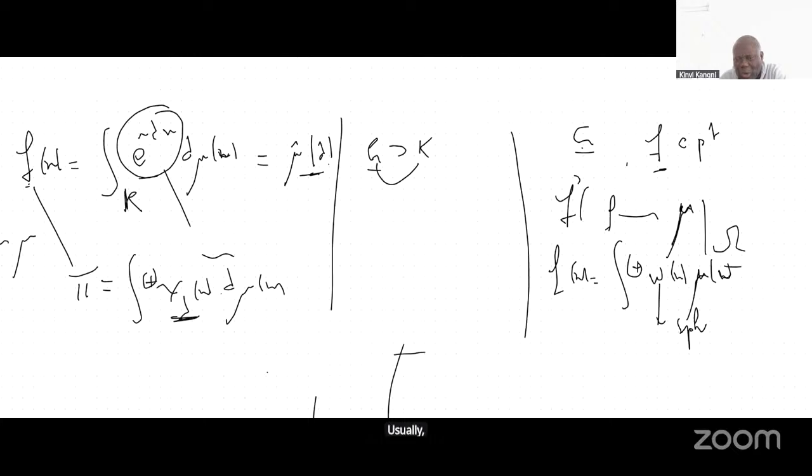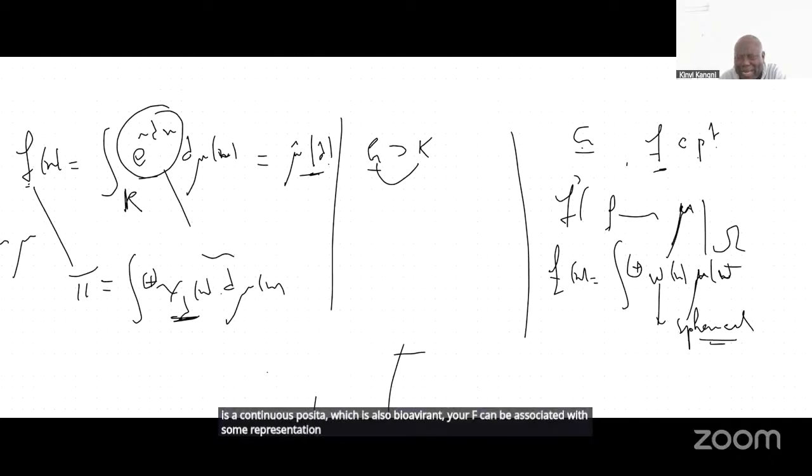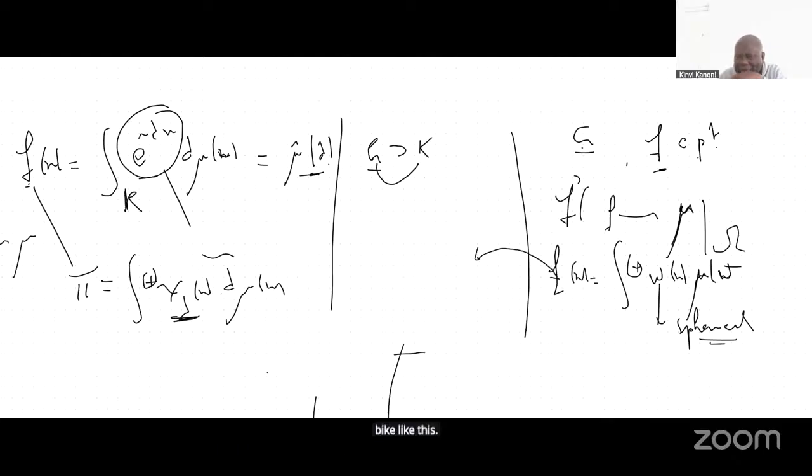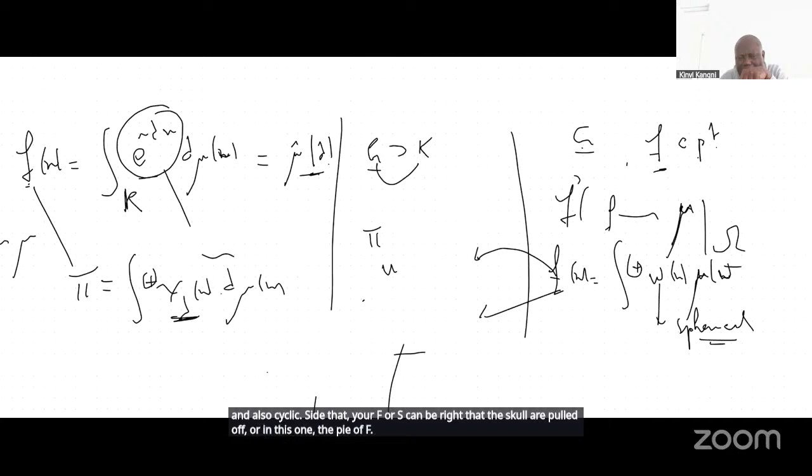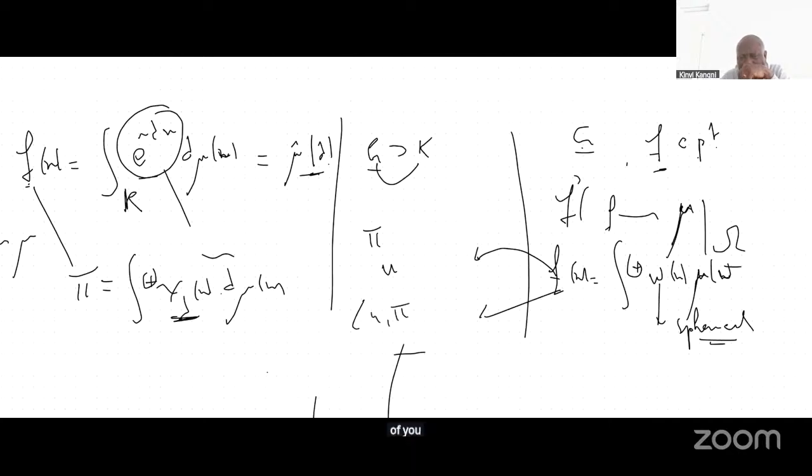So if F is continuous and of positive type, which is also bi-invariant, your F can be associated with some representation pi. That is, it admits some vector u, which is K-invariant by pi and also cyclic, such that F can be written as the scalar product of pi of x applied to u with u.